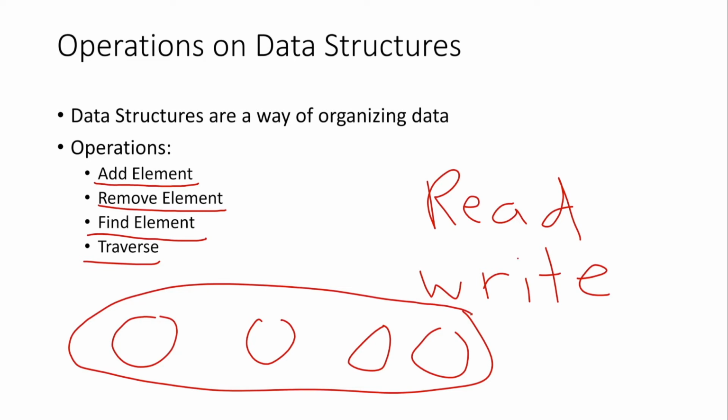Then the 0th element, remember in coding it's 0, 1, 2, 3 instead of 1, 2, 3, 4. The 0th element, this is called an element, right? In computer science terminology, this is called the 0th element.